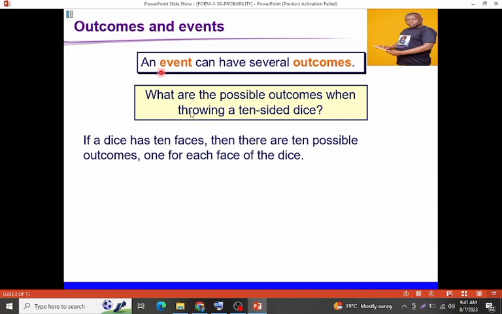So in this case, throwing a 10-sided dice is an event, whose possible outcomes are the 10 faces. A face which shows up when a dice is thrown is an outcome. So there are 10 possible outcomes.